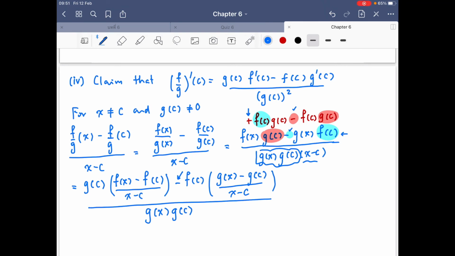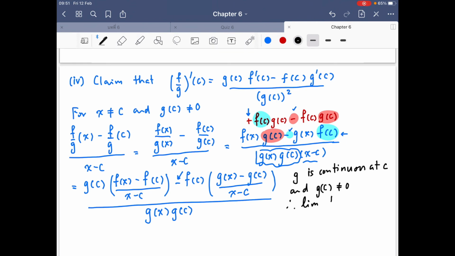Again, don't forget that your g prime exists. So it means immediately that your g is also continuous at c, and g(c) is not 0.